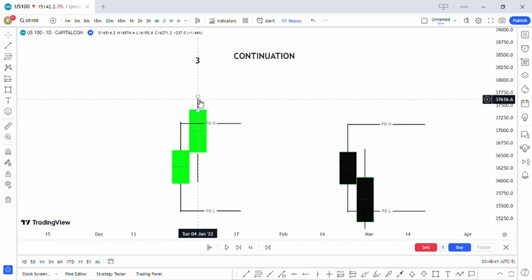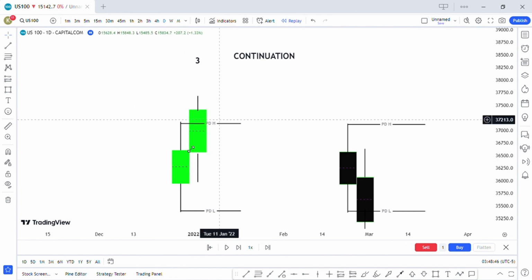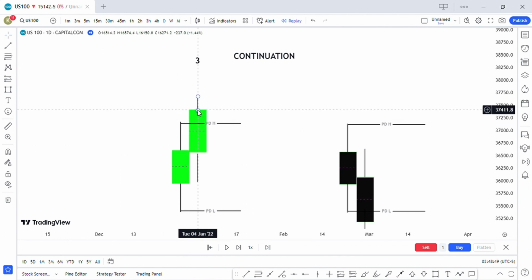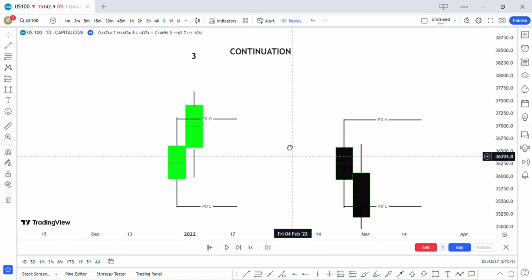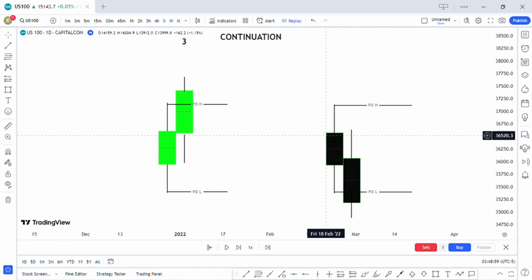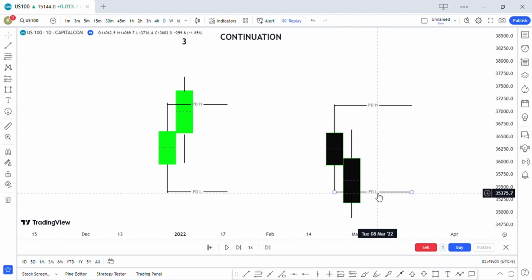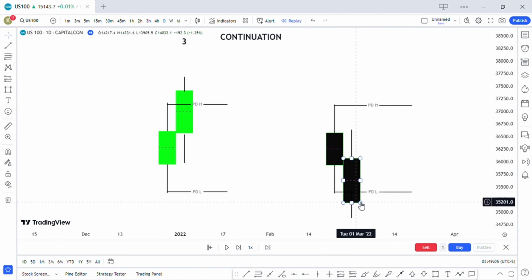Whenever we have a displacement in the market, we know that big players or institutions are now involved in the movement of the market. Similarly with the bearish movement, the market shot down to attack the previous day's low and closed below the previous day's low, showing us that institutional players are involved.